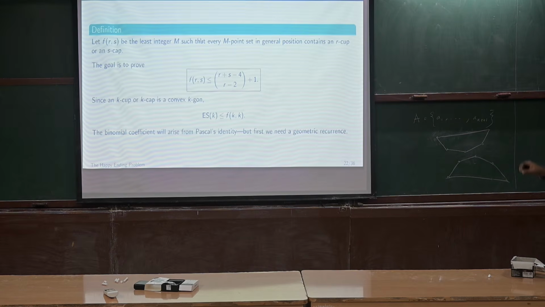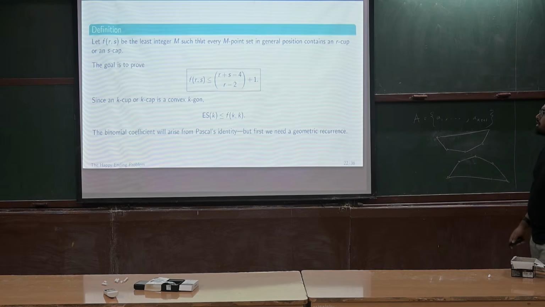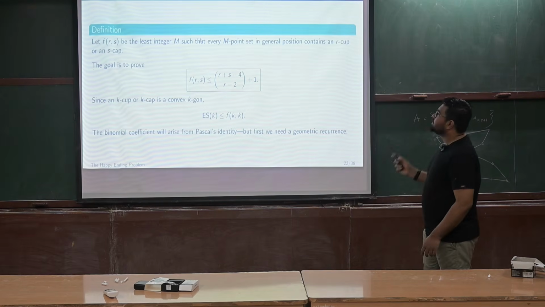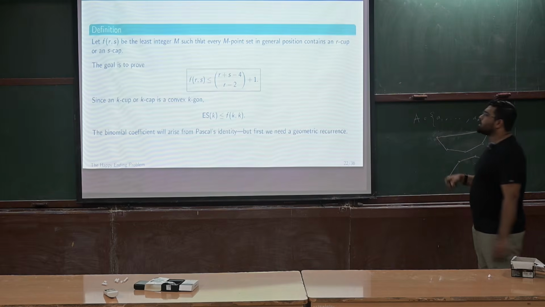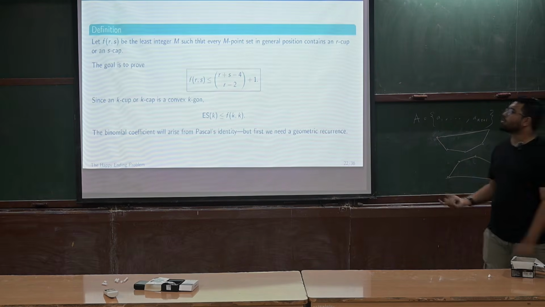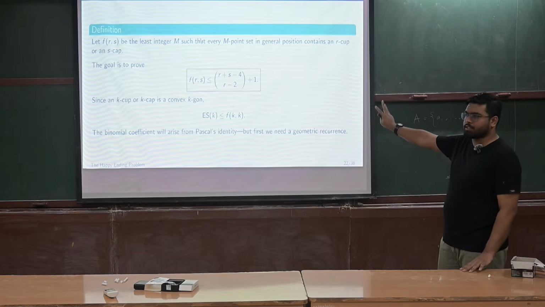Our goal is to prove that f of r comma s is less than or equal to r plus s minus 4 choose r minus 2. And since this cap or cup thing always forms a convex k-gon, you can say that the Erdős-Szekeres function is less than or equal to this f of k comma k.